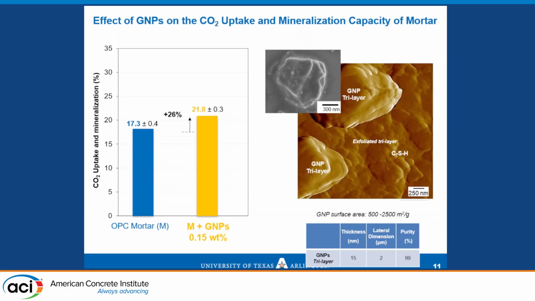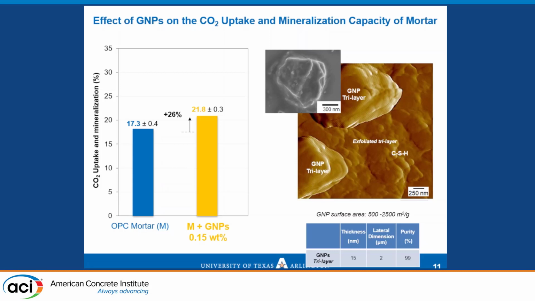Now, we decided to use a few graphene nanoplatelets. Dr. Danoglidis showed the effect in the previous presentation, and the mechanism of the graphene nanoplatelets in concrete. If we exfoliate the graphene nanoplatelets into tri-layer graphene layers, then the dosage of graphene is very low.